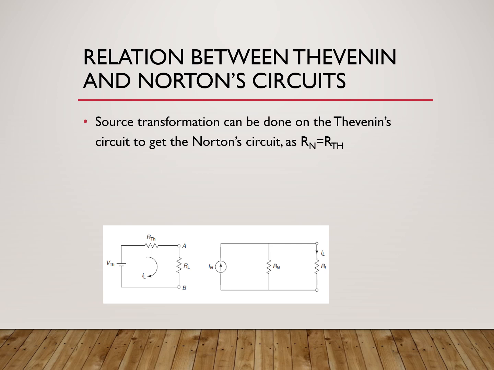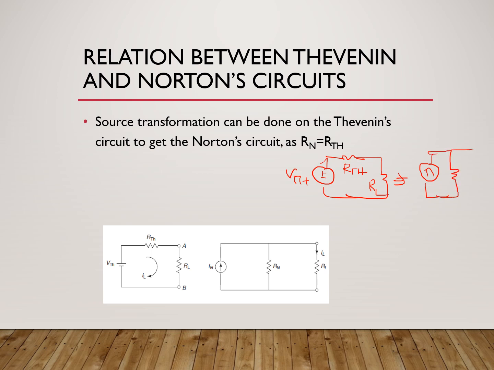Now we have a circuit like this, which is your Thevenin's VTH and RTH, and this is RL. If I convert this to a current source, what do I get? Because I know that a voltage source in series with a resistance can be converted to a current source.